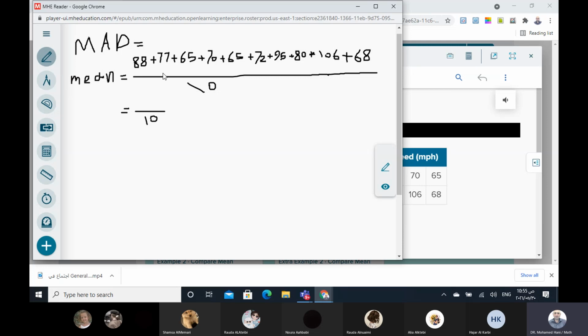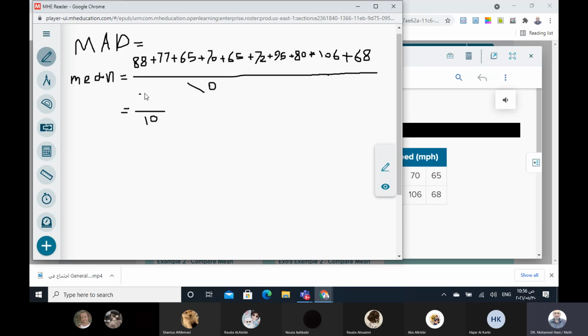Then we can calculate now. We have 88 plus 77 plus 65 plus 70 plus 65 plus 72 plus 95 plus 80 plus 106 plus 68.